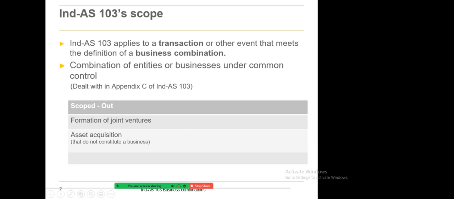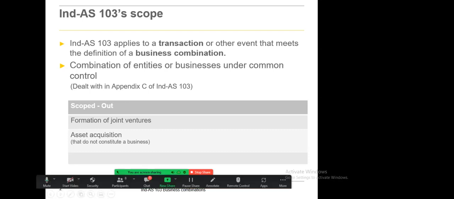What do we mean by common control? That also we will study in our upcoming slides. There are a few things which are scoped out, like formation of joint ventures are scoped out because joint ventures are taken care of in a separate accounting standard. And asset acquisition will not be covered over here because asset acquisition will be taken care of in your PPE standard.